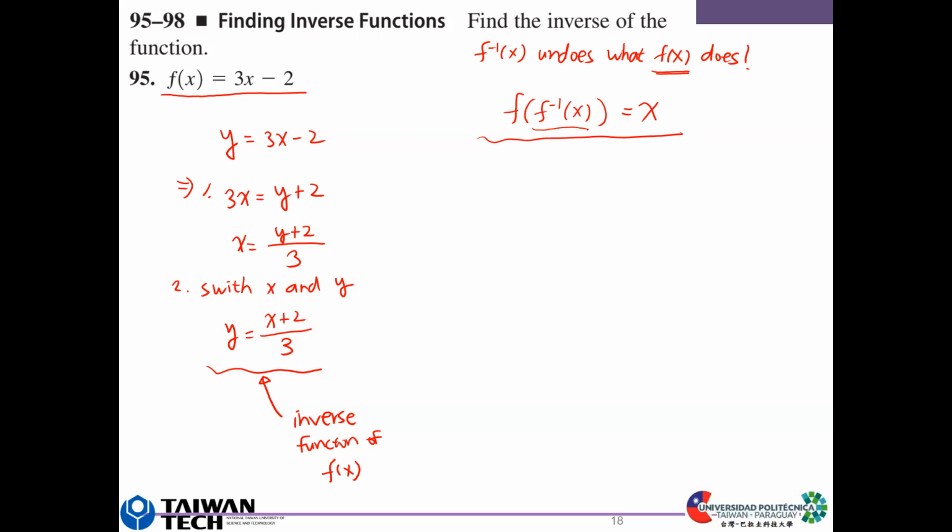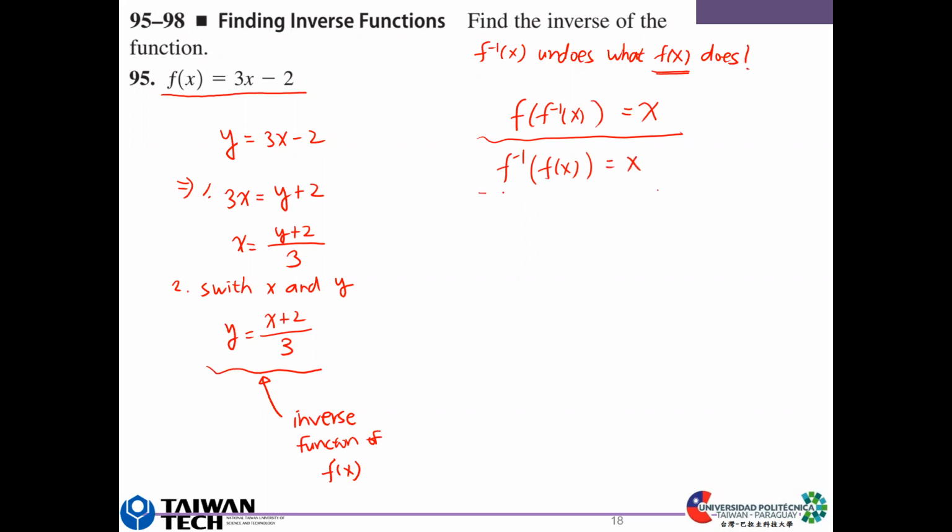But if we put f of x inside the inverse function, it also generates x.